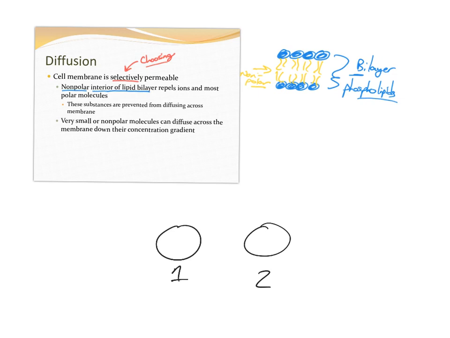We agree? Why is it that molecule A can easily get through in both directions in cell 1, and in cell 2 it can't get through?